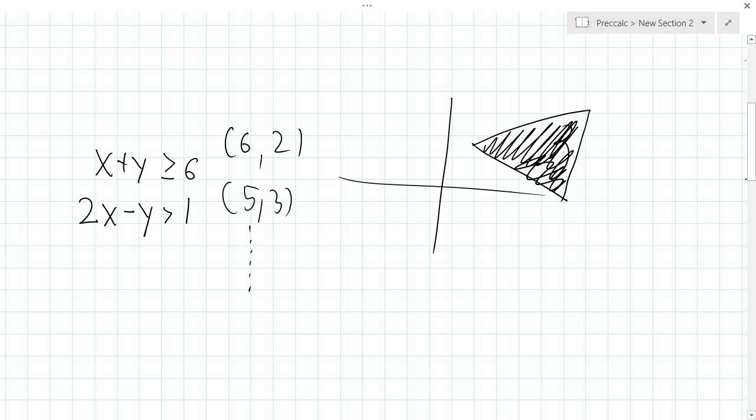And if we picked a point outside of the region, we would have an x and y value that wouldn't work in at least one of the inequalities.